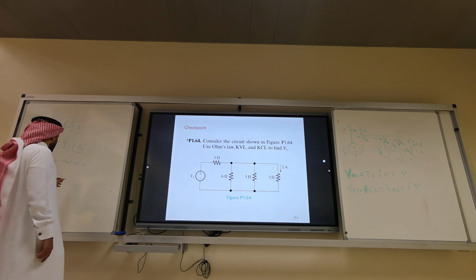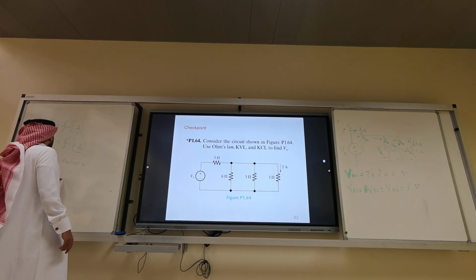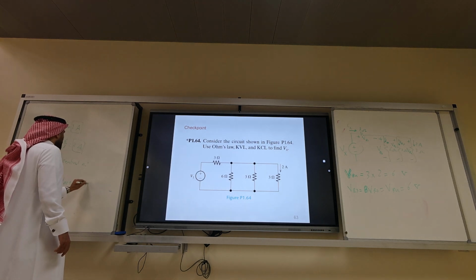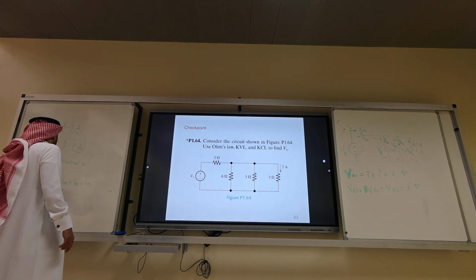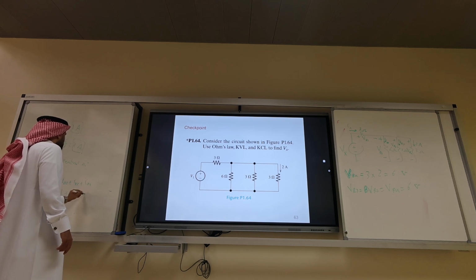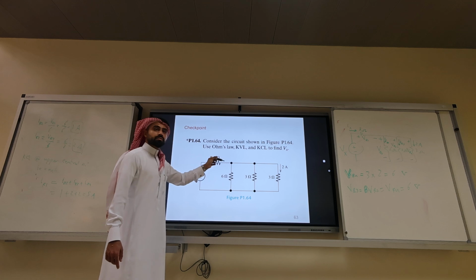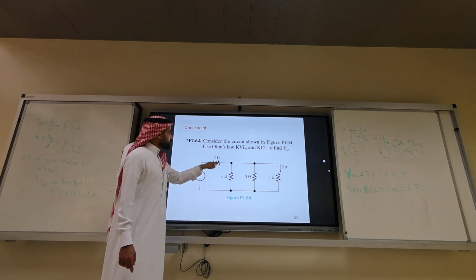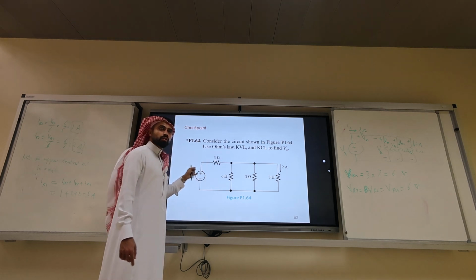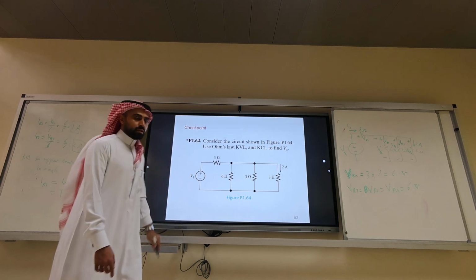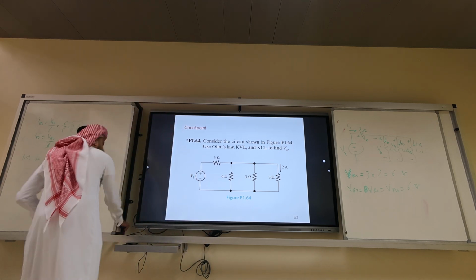We will repeat this example. IR1 equals IR2 plus IR3 plus IR4, which is 1 plus 2 plus 2, which is 5 amps. So now I know the current that goes here, so I know the voltage drop here. I only need to calculate the voltage drop here. Now I'll finish it and we'll repeat it real quick.